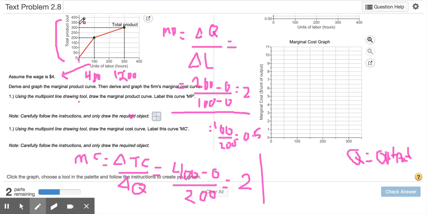Now, change in total cost is 800. Change in output is 300 minus 200, so we have 100. So marginal cost is equal to 8.